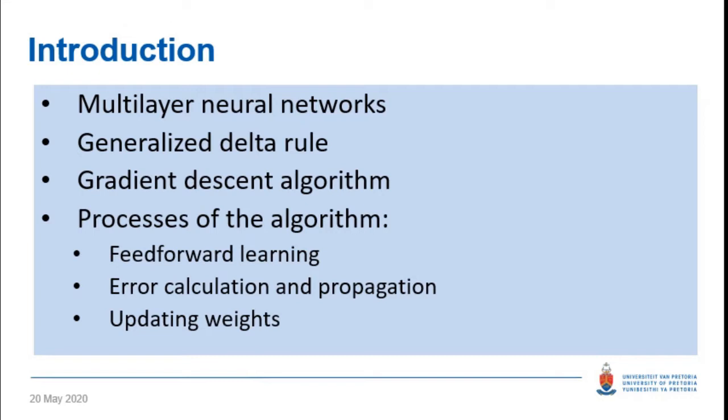The difference here is once you get to the output layer, the error in the output or activation from the neural network is compared to the target values in the instances in the training set, and that error is then propagated back through the neural network up into the layer just before the input layer. Based on this error, the weights and the biases that were calculated for the hidden layers and the output layers are then updated accordingly. So those are the three processes that make up the backprop algorithm.